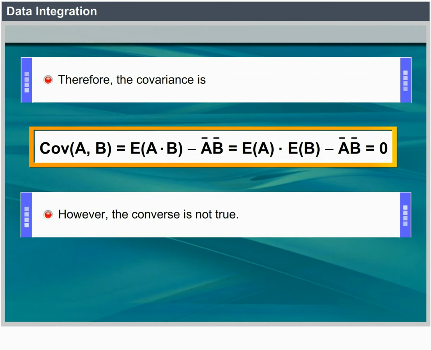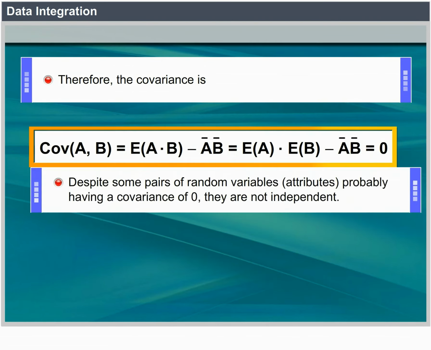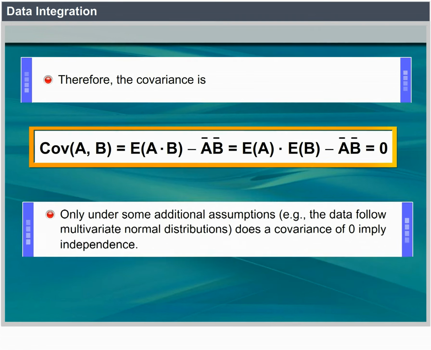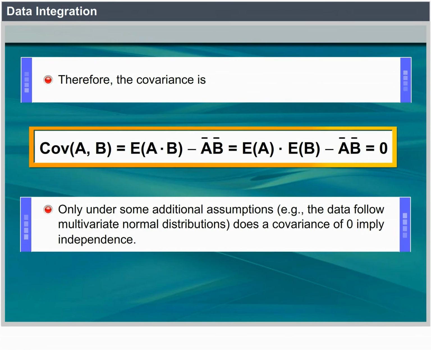However, the converse is not true. Some pairs of random variables (attributes) may have covariance of 0 but are not independent. Only under some additional assumptions, that is, the data follow multivariate normal distributions, does a covariance of 0 imply independence.